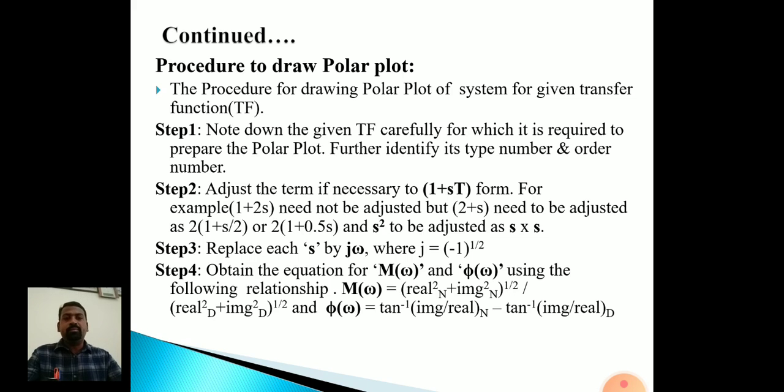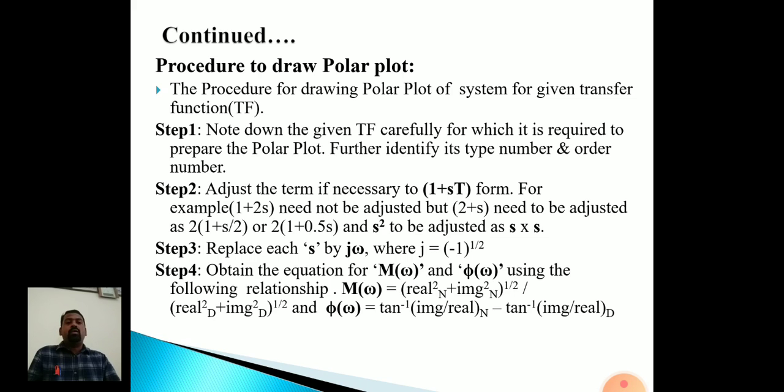And the fourth step is to obtain the equations for M omega and phi omega, that is magnitude ratio and phase angle or phase shift, using the following relationships. M omega equals the real square of numerator plus imaginary square of numerator, to the power 1 by 2, that is the square root of that, whole divided by the real square of denominator plus imaginary square of denominator, to the power 1 by 2.